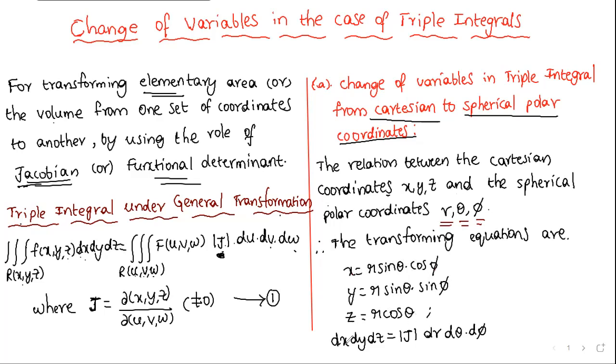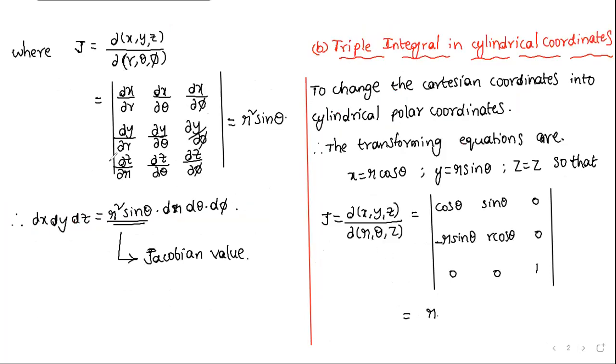Therefore, the order will change: dx dy dz is equal to mod J into dr d theta d phi.